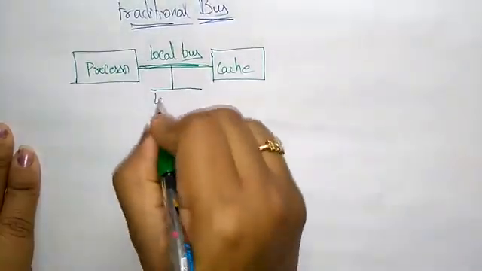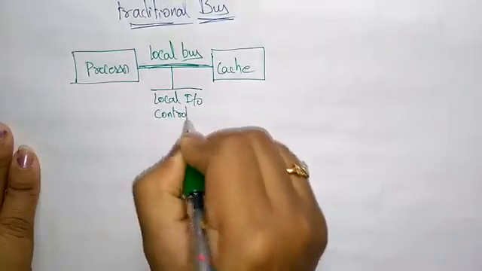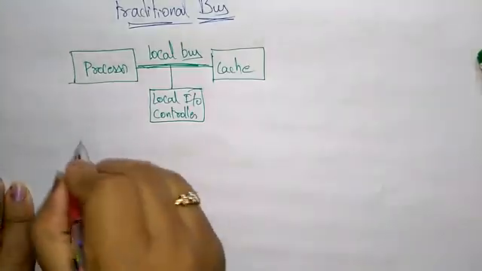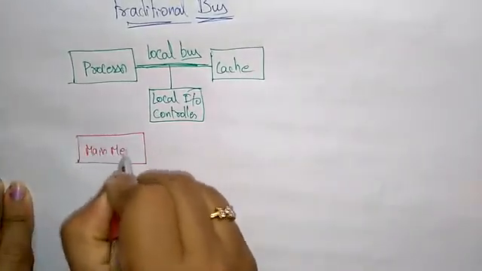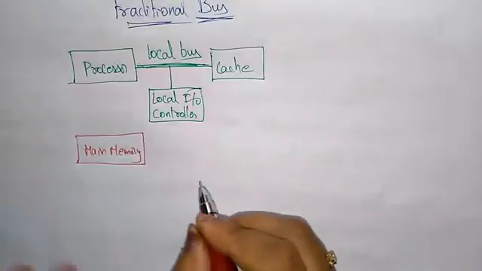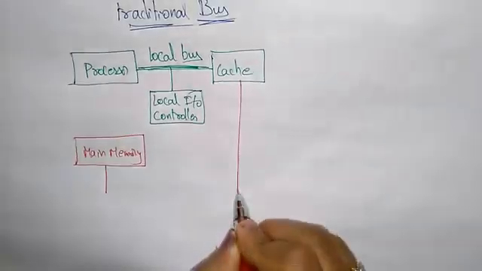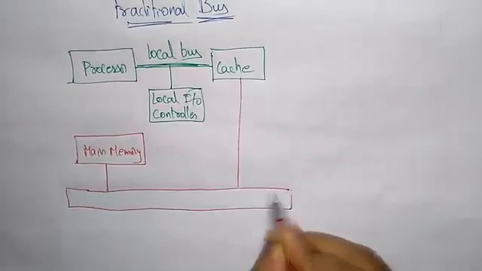And here a local IO controller is there, the input output controller. Now coming to the main memory. This is the main memory, and the main memory and the cache are connected by using the system bus.